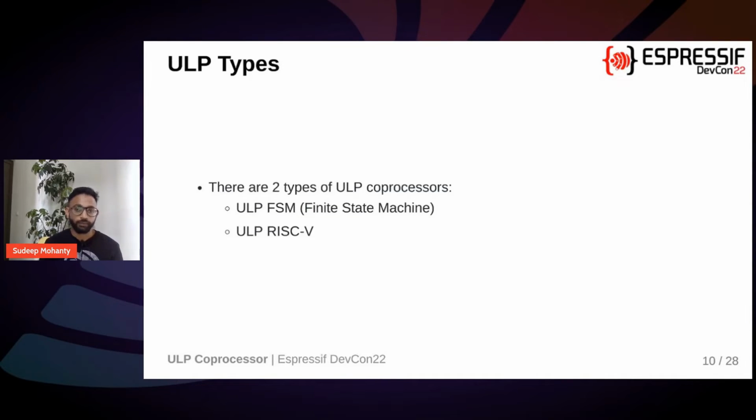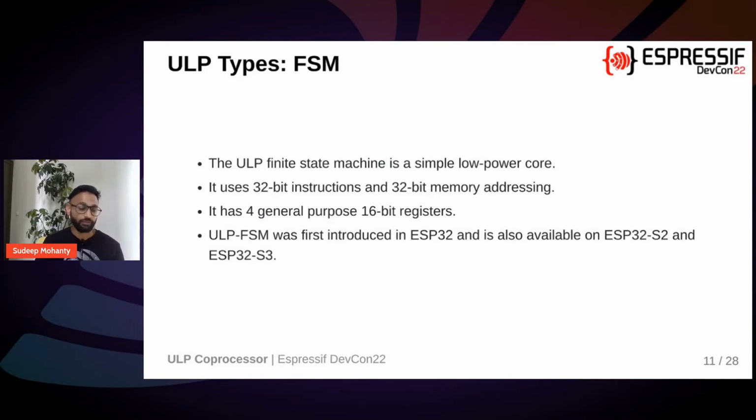Moving on. There are a couple of types of ULP processors that we have on ESP chips. The first one is called ULP FSM, or finite state machine. The second one is called ULP RISC-V. We'll go into a bit of detail about each of the types of ULP cores that we support. So the first type of ULP core is the ULP FSM, or the finite state machine.